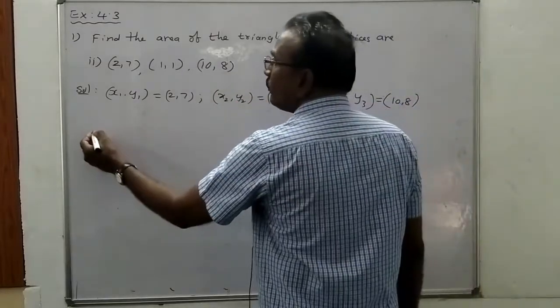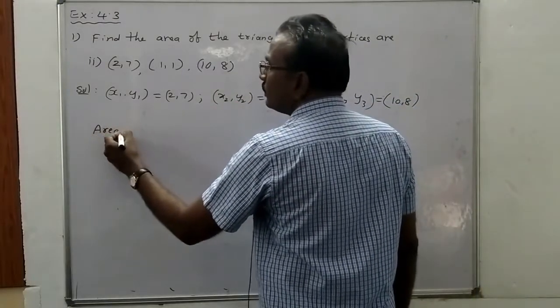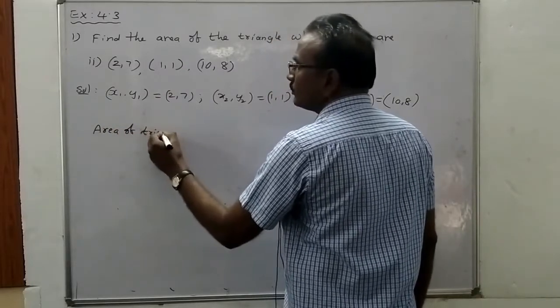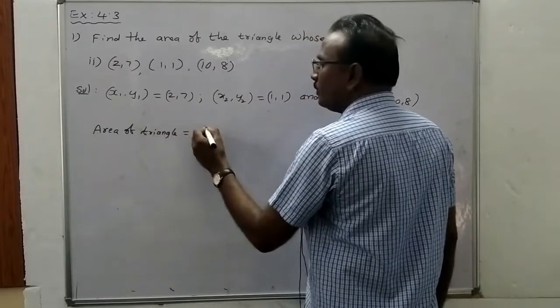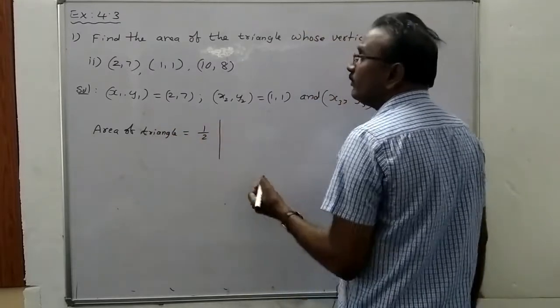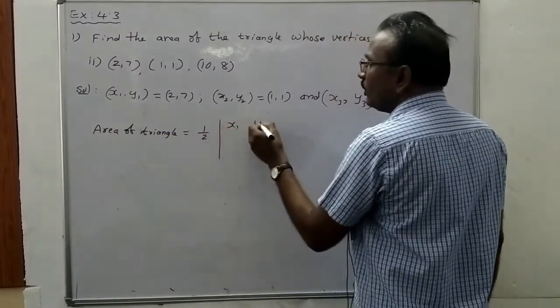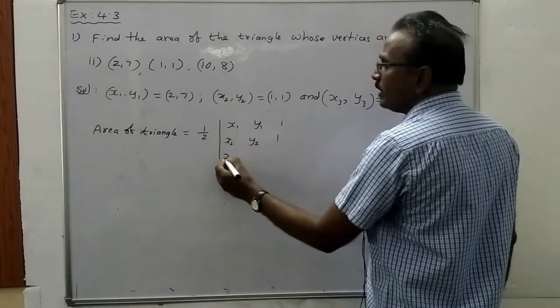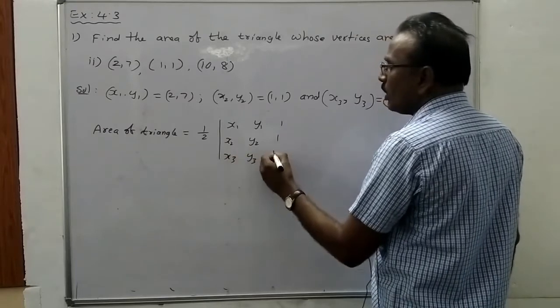So the area of the triangle, we have the formula, is half the determinant of x1 y1 1, x2 y2 1, x3 y3 1.